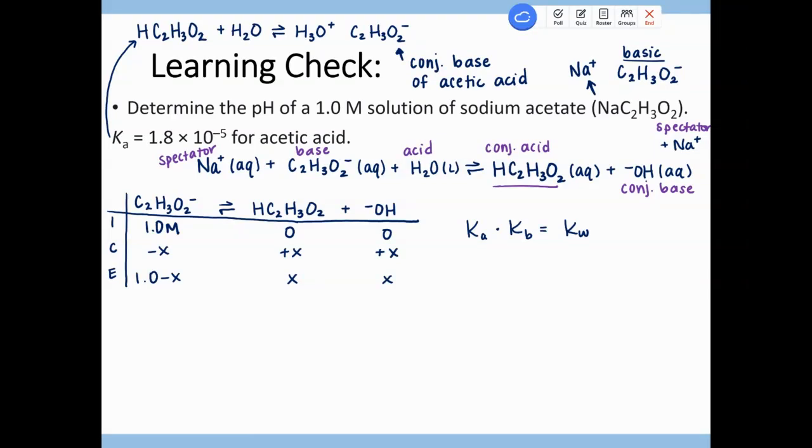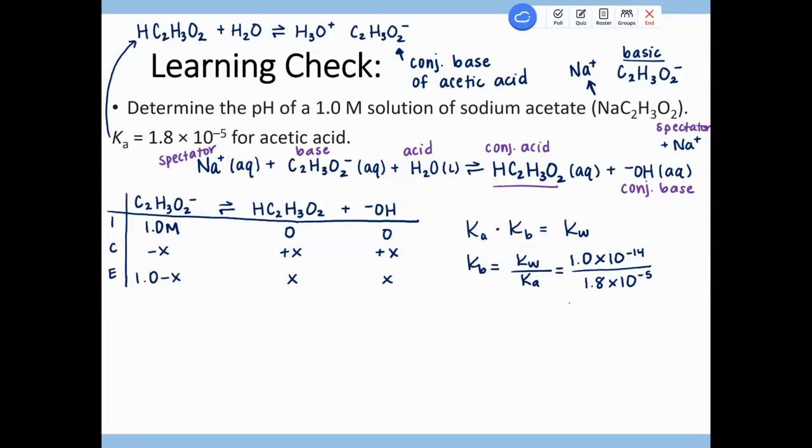So we need to solve for Kb. 1.0 times 10 to the negative 14 divided by Ka, 1.8 times 10 to the negative 5.